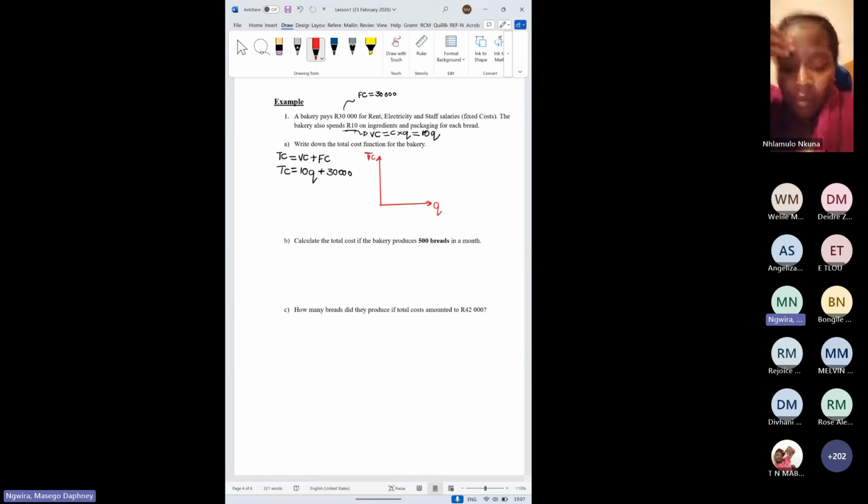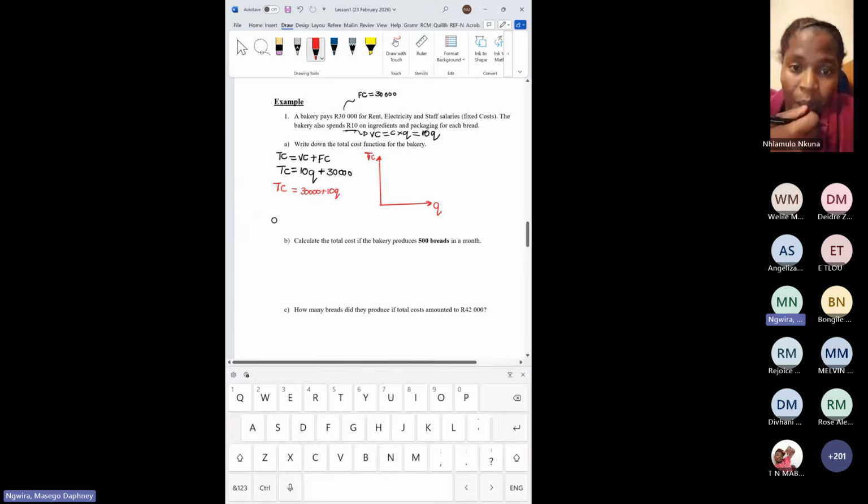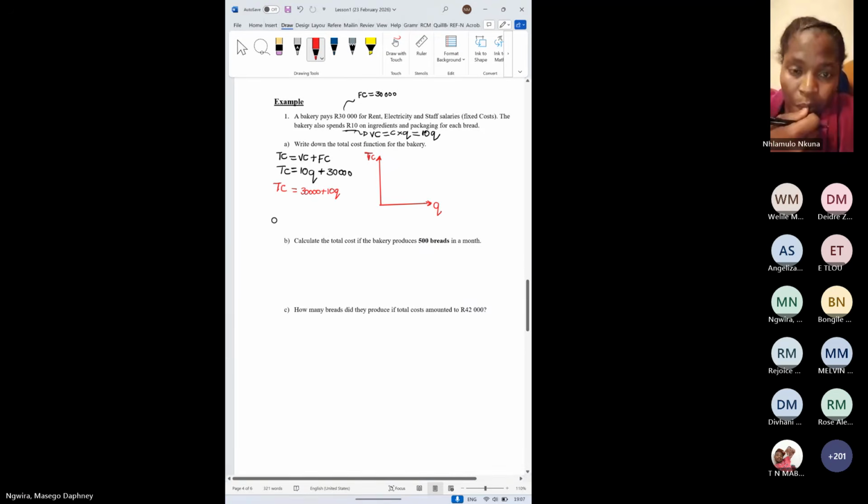So this equation, you can also write it this way. It's not wrong. It can also be TC equals 30,000 plus 10Q. A number that doesn't have a letter next to it, that's your constant. That's where your graph starts. So my graph is going to start here at 30,000.